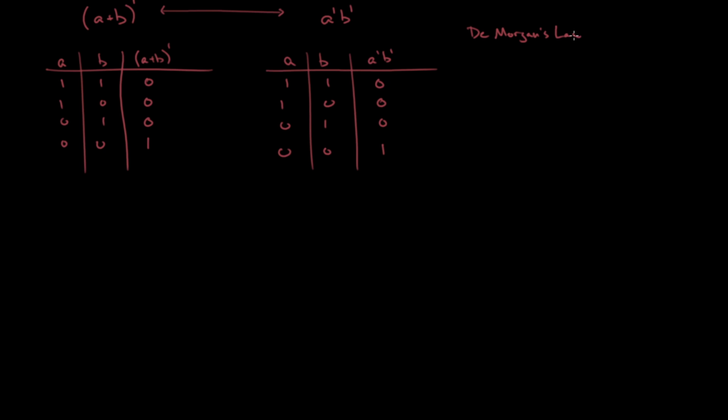It tells me this: whenever I have an expression which is a or b and not that, what it is equivalent to, and I really hate this next part because, as a mathematician, it just kind of sounds gross to me, is if we were to distribute the not to both of these, and then switch the operation that we're doing, we get our new expression. So this is equivalent to not a, not b.